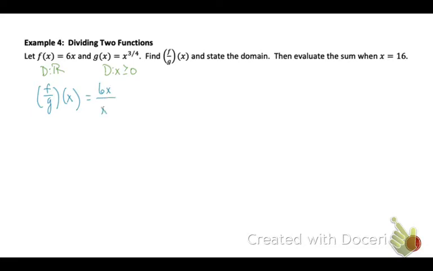So normally we have interesting domain things when we divide. Notice that we have x to the first power divided by x to the 3/4 power. So we subtract those and get x to the 1/4. And I just realized that we're going to include our original domain. We also need to make sure that x will not equal 0, because before we simplified, we had an x expression in the denominator.